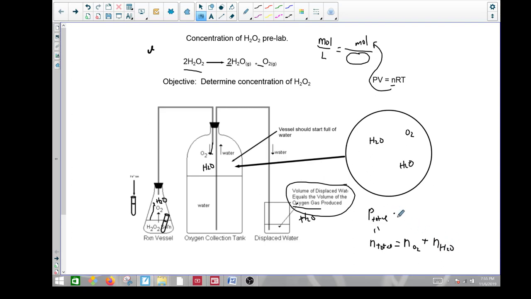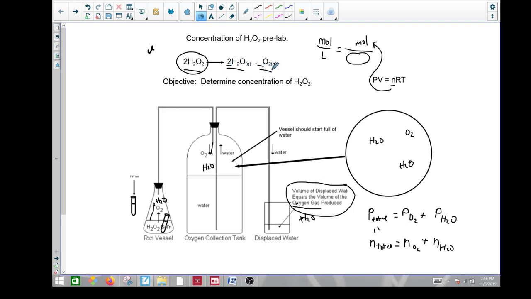All right, so that means my total pressure is the partial pressure of the O2 plus the partial pressure of the H2O. Now keep in mind, my main goal is to find the moles of this stuff. So I want the moles of one of these guys, and let's just say moles of O2.